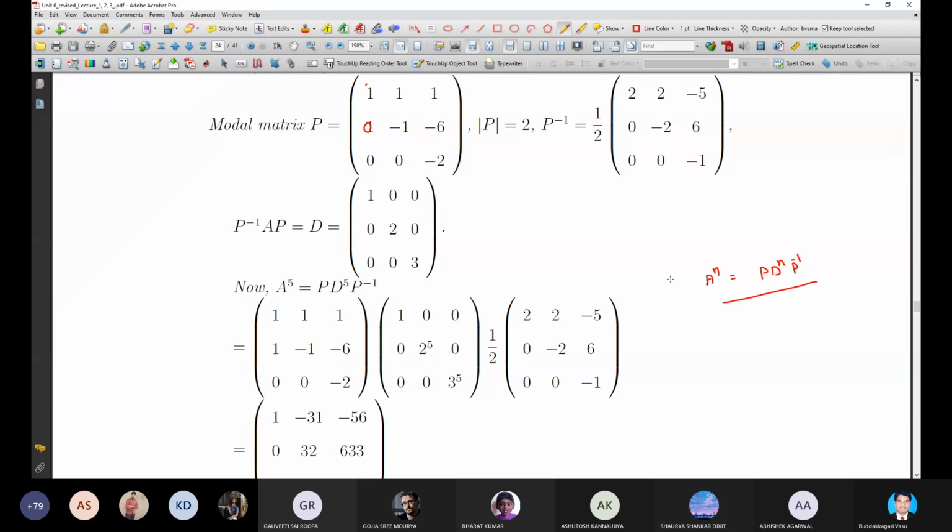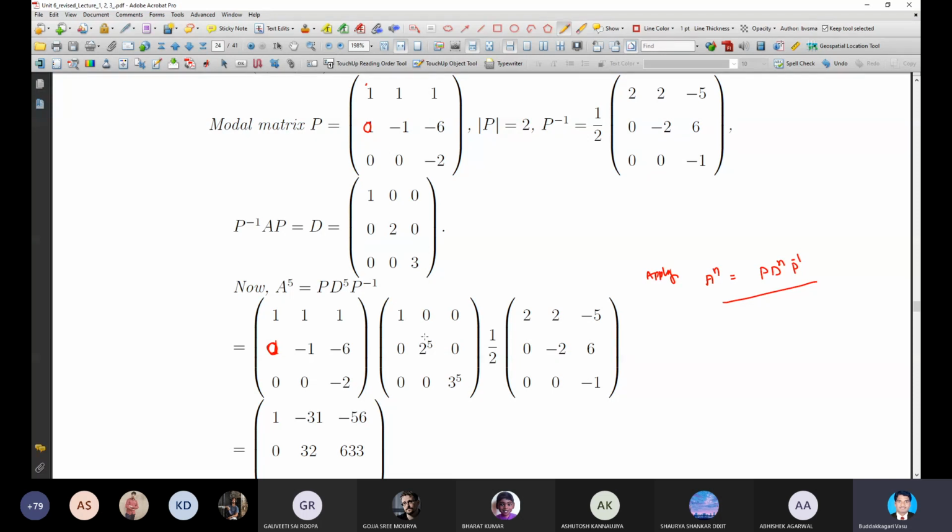Apply that one. We need to find out A power 5, therefore putting n is equal to 5. A power 5 is equal to P. P matrix is there: 1 0 0, 1 minus 1 0, 1 minus 6 minus 2, and D power 5.